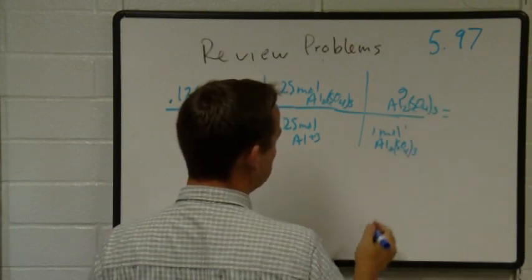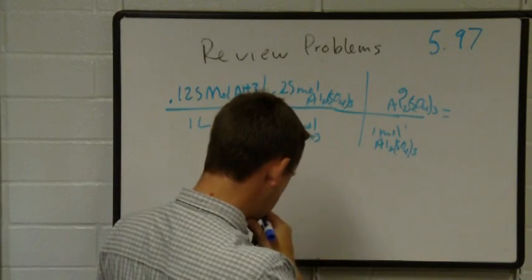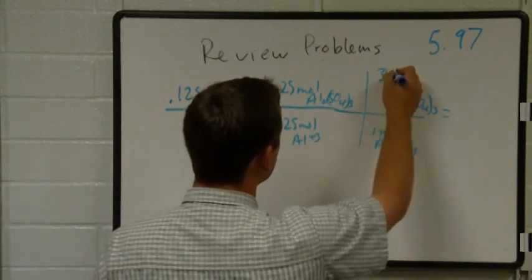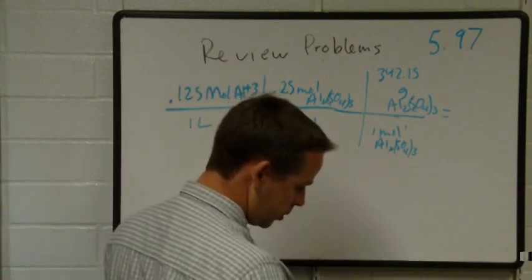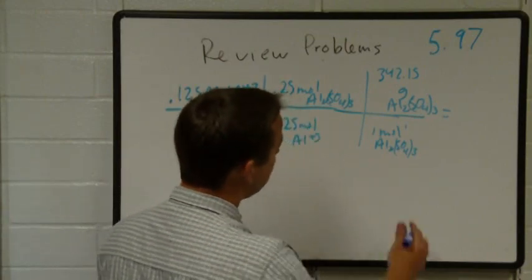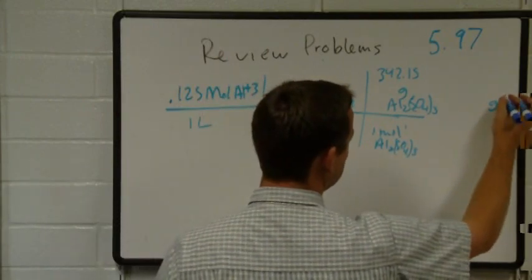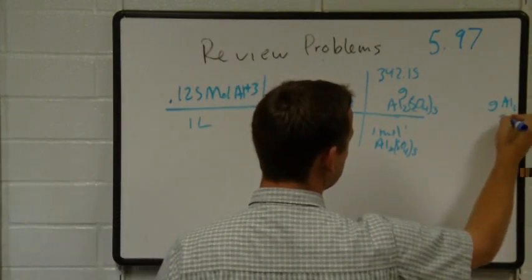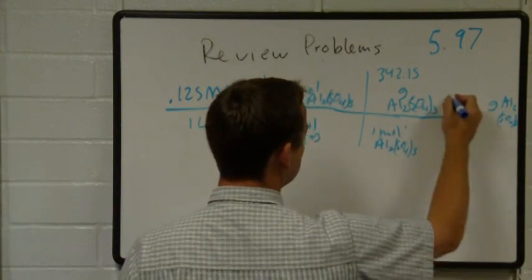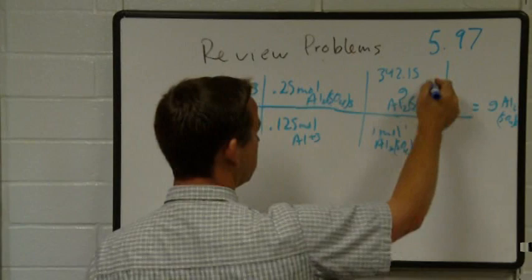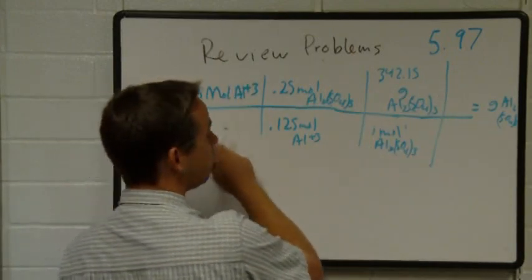And then that's all we need to know, right? 342.15. That's how many grams there are in every 1 mole of aluminum sulfate. Oh no, we also need to know that we're trying to get grams of aluminum sulfate, Al2(SO4)3. Right now we're in grams of aluminum sulfate per liter, right? So we have to get rid of liters.